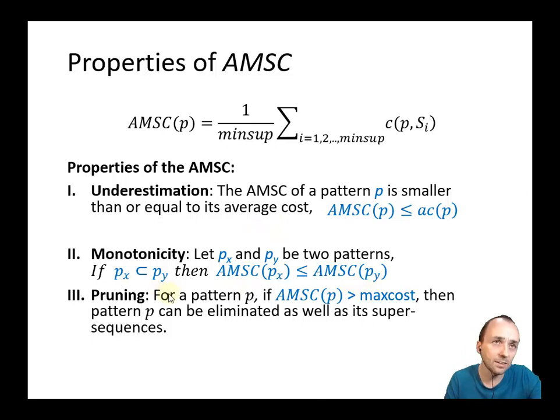And then we have a pruning property for a pattern P. If the AMSC of the pattern P is greater than the maximum cost, then we don't need to look at this pattern. It's not cost efficient. And all the super patterns of this pattern are also not cost efficient. We can ignore them. So for example, if you have a pattern AB whose cost is greater than the maximum we want for the patterns, then we don't need to look at this pattern and all the extensions of this pattern also.